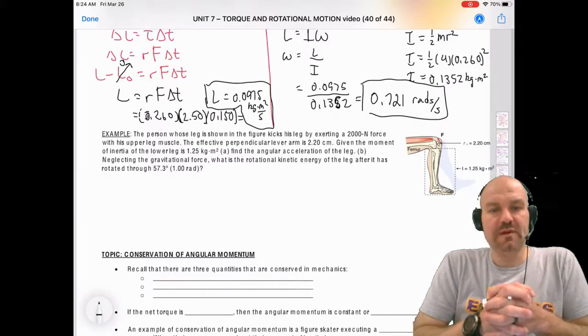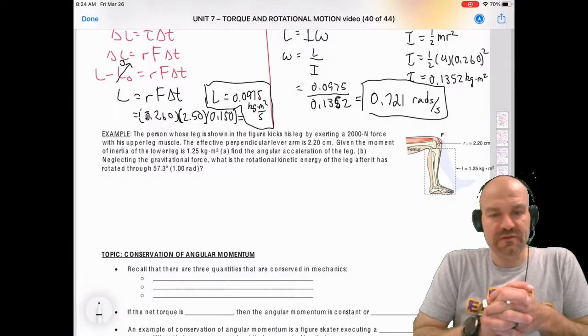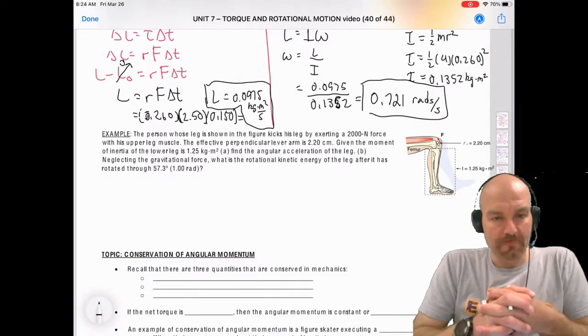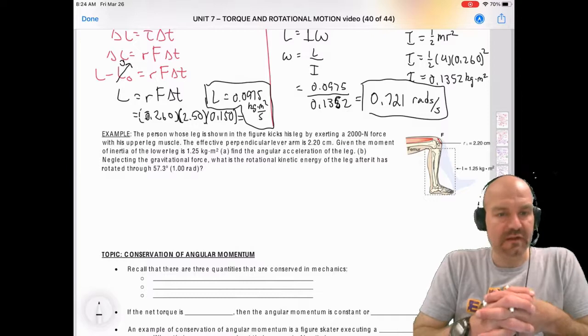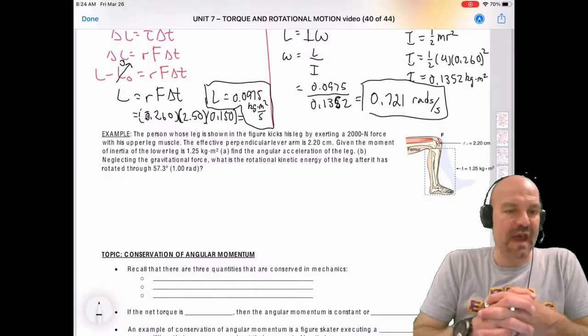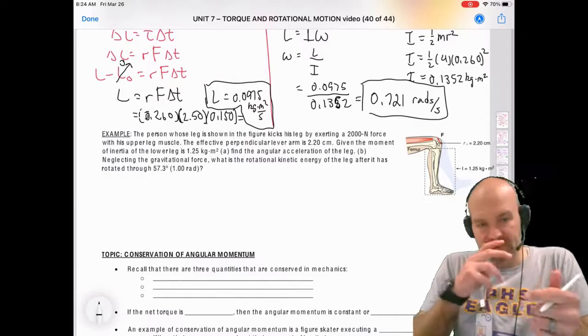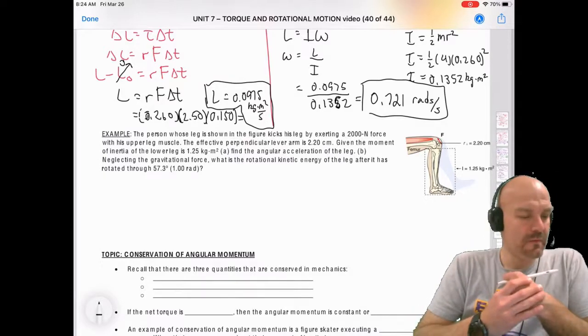The effective perpendicular lever arm is 2.20 centimeters. Given the moment of inertia of the lower leg is 1.25 kilograms times meters squared, find the angular acceleration of the leg, and then neglecting the gravitational force, what is the rotational kinetic energy of the leg after it is rotated through 57.3 degrees, which is 1 radian.